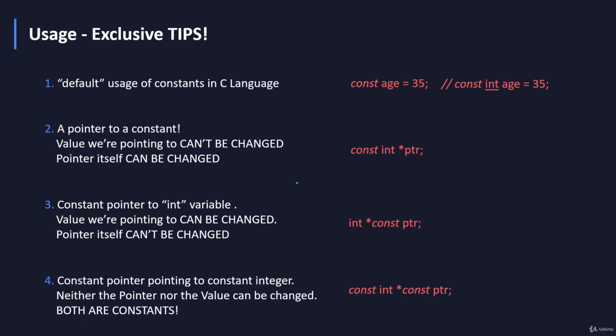We have a constant pointer pointing to a constant integer. Nothing can be changed, neither the pointer nor where it points to. If we created some ptr to point to num, then neither the ptr itself nor the constant value we're pointing to can be changed.